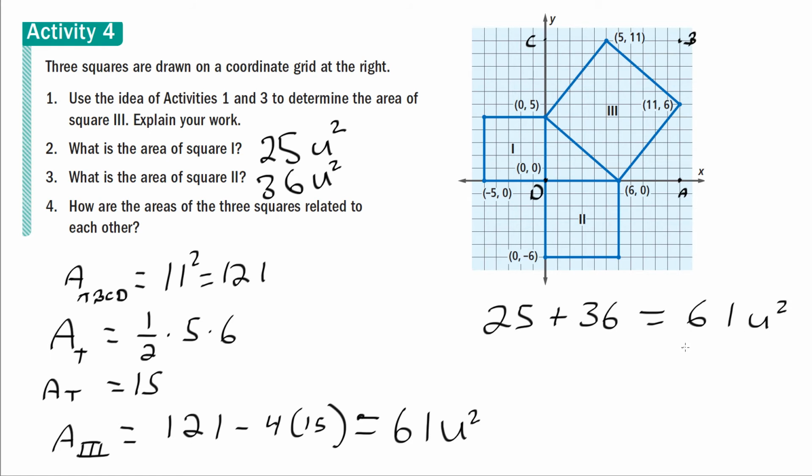So 61 units squared tells me that the area of square 1 plus the area of square 2 equals the area of square 3. That looks awfully familiar, right? If we look ahead, we see that indeed this is an expression of the Pythagorean theorem, which is side 1 squared plus side 2 squared equals side 3 squared. That's the Pythagorean theorem. A squared plus b squared equals c squared.